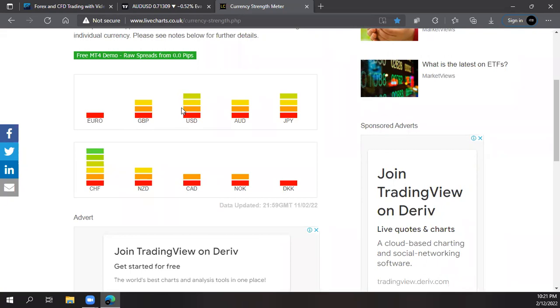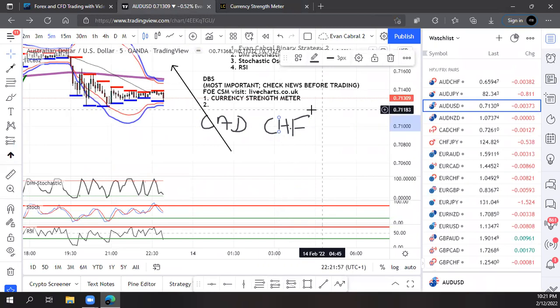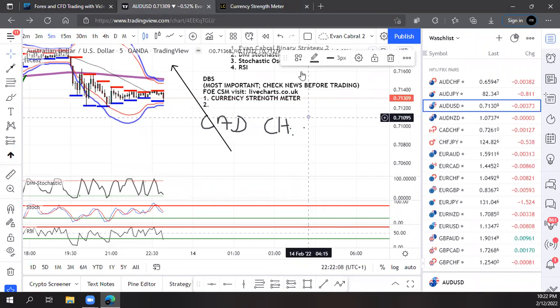So now the second step, right? The second step is you want the market to be around a resistance, right? Since we are selling, you want the market to be around a resistance.